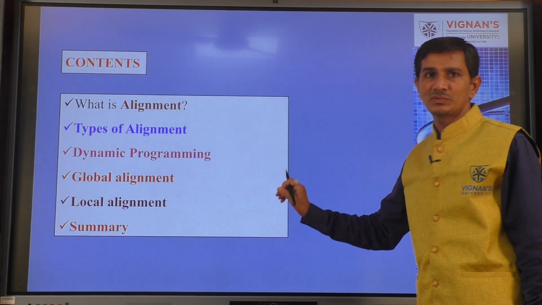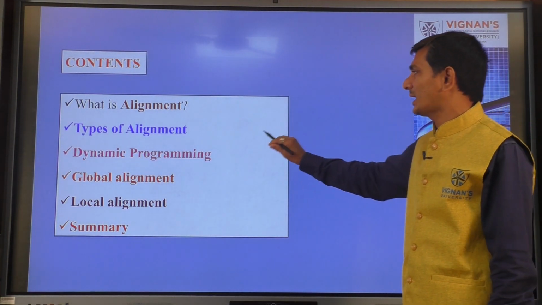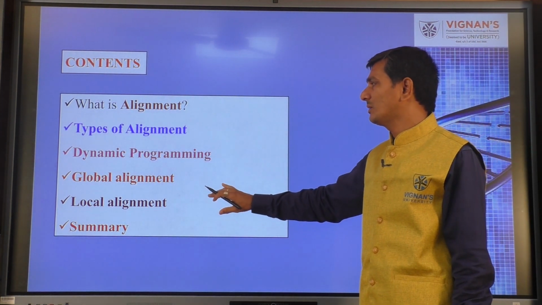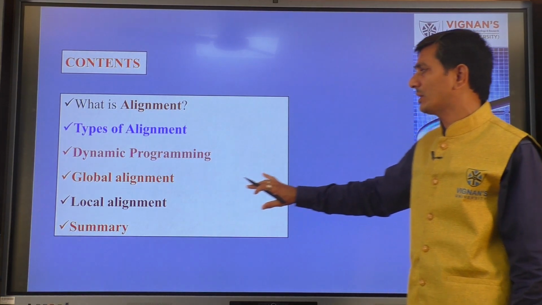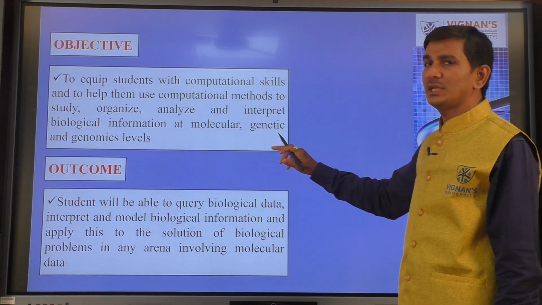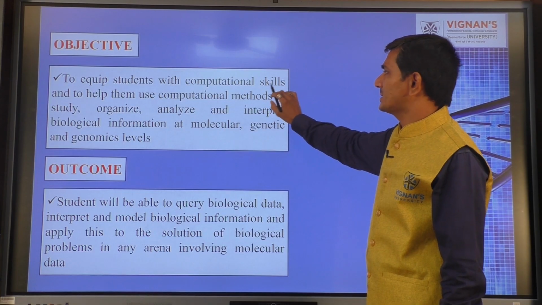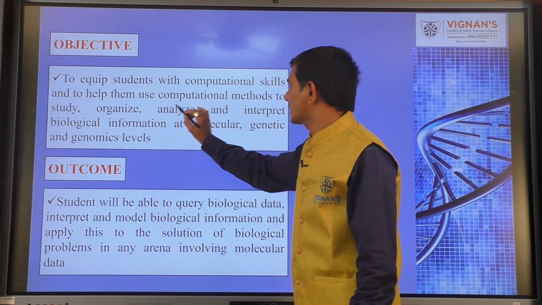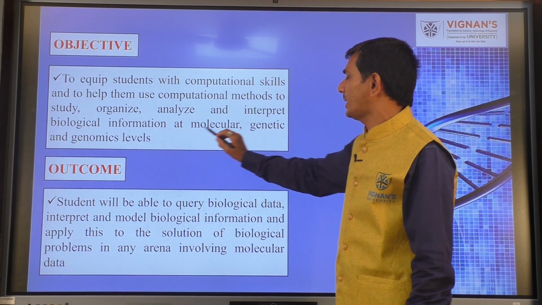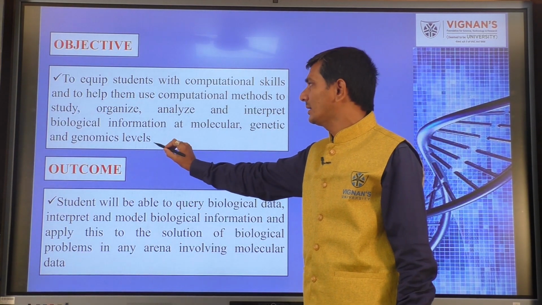Coming to the contents, first we will see what an alignment is and what the different types of alignments are, what dynamic programming is, followed by global alignment and then local alignment, and finally we are going to summarize. The main objective of this course, Algorithms in Bioinformatics, is to equip students with computational skills and to help them use computational methods to study, organize, analyze and interpret biological information at molecular, genetic and genomic levels.